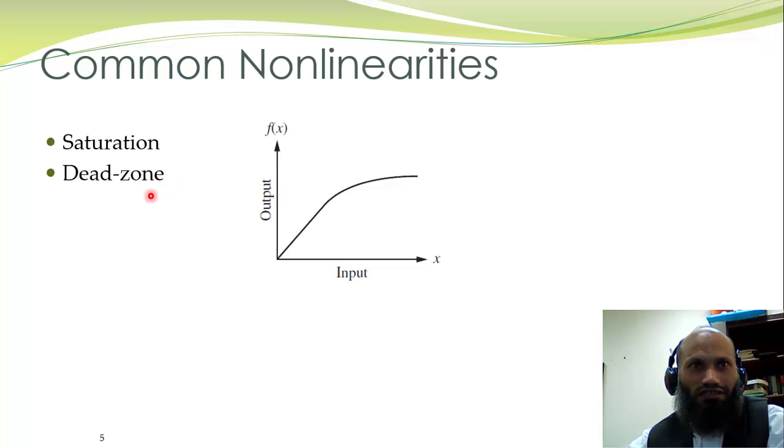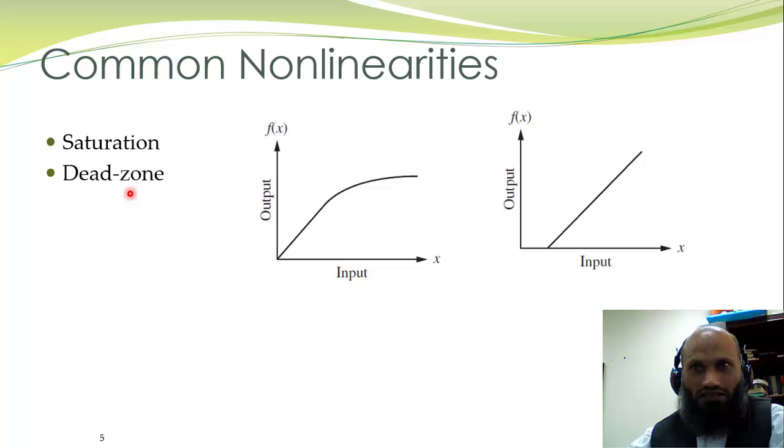Another nonlinearity is dead zone. It is graphically represented over here. For a particular range of input, there is no output from that nonlinearity, and after that an increase in x results in a proportionate increase in the output.